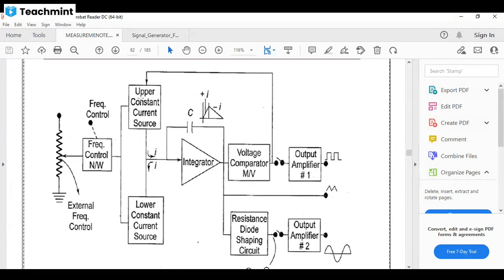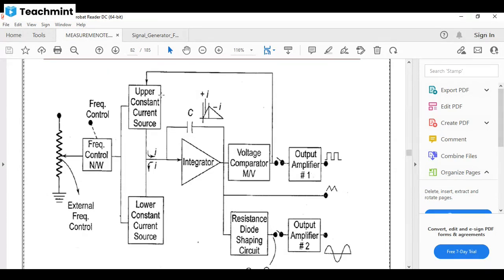We all know the function of the upper constant current source and lower constant current source, because previously I said that when the upper current source is supplied, the capacitor voltage increases, and when it reaches our predefined level, then the state is changed and it reverses direction.